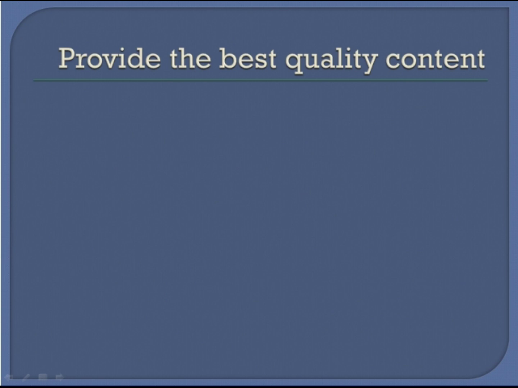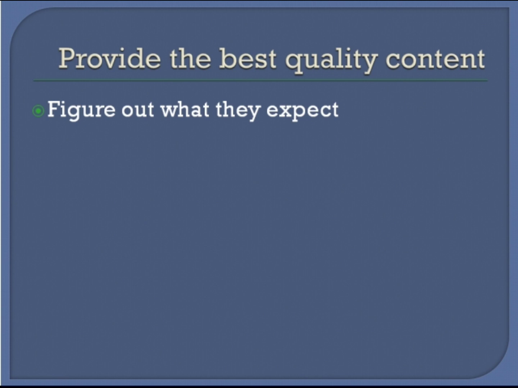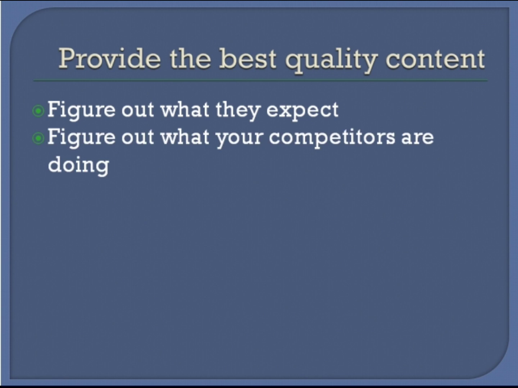Another thing you need to do is provide the best quality content. I know this is somewhat self-explanatory and you might be thinking, yeah, I know this, but you'd be surprised how many membership sites out there don't provide the best quality content. So you need to figure out what they expect and what your competitors are doing right now. What are they providing?